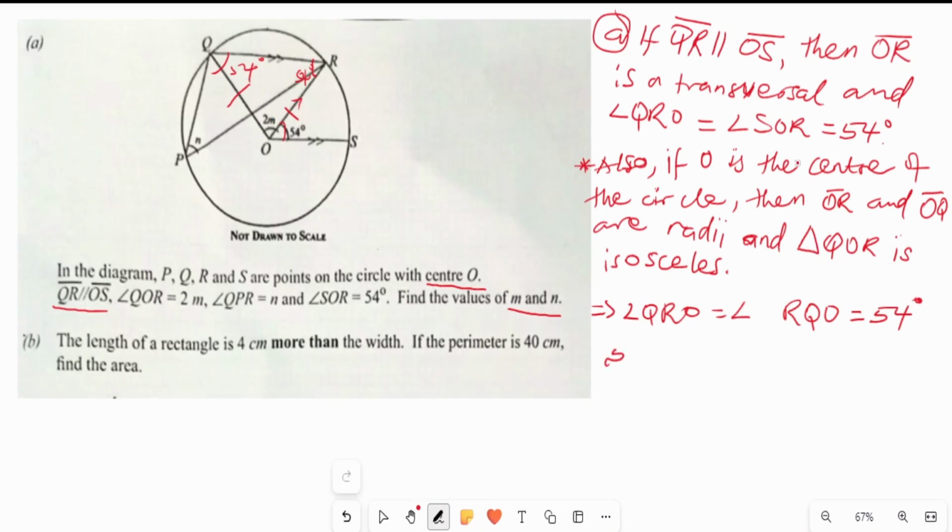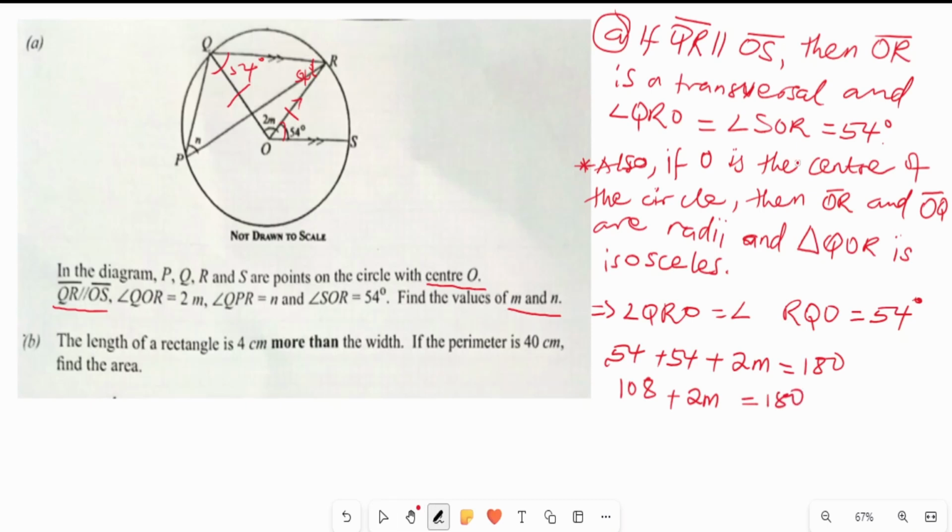That means that 54 plus 54 plus 2m will be equal to 180 degrees. And this is 108 plus 2m equals 180 degrees.